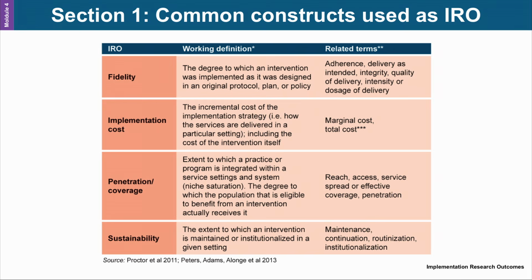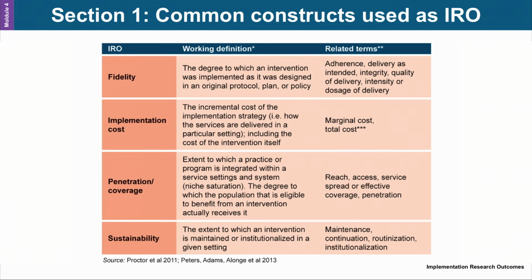Penetration talks about this whole idea of the vertical scale-up of an intervention within a particular system. For example, let's imagine that an intervention can only be delivered at the health facility level. Penetration will look at how many of the different health facilities in a new setting have actually carried out the evidence-based practice.